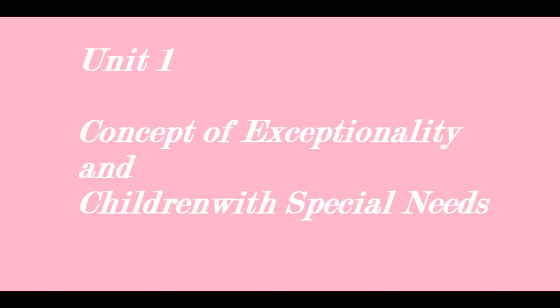Now there is also a categorization of children with special needs. It can be broadly divided into the following. Number one is sensory, with hearing, visual, or who are physically challenged. Then there is intellectual, who are called gifted children or creative children or mentally challenged.